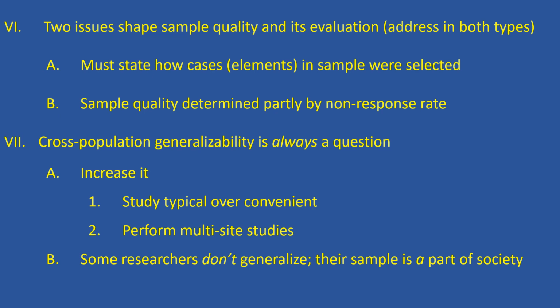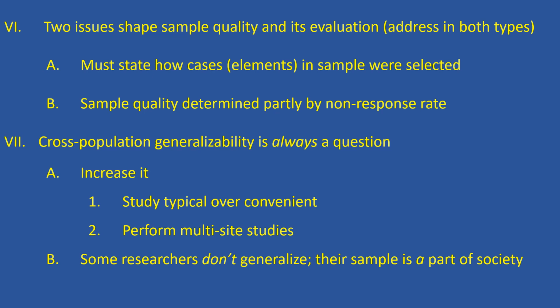And it's finally very important to point out that some researchers aren't looking for generalization at all. They don't even care about sample quality. They just know they've studied some people, and those people exist. They're part of society. Their story deserves to be told, even if they are not typical, even if they're weirdos and marginal. You know what? They have a right to live. They have a right to have their stories told.